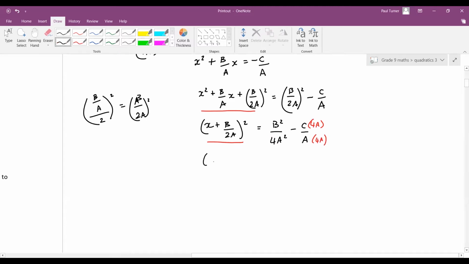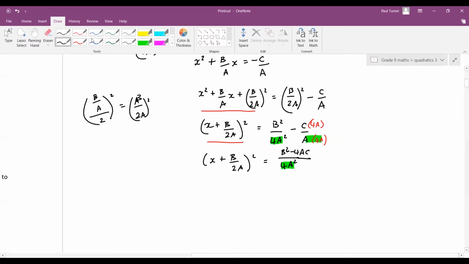So x plus b on 2a all squared equals, now we have a common denominator, 4a squared, and b squared minus 4ac on top. Like that. So I just made this into one fraction because 4a squared is a common denominator, okay?